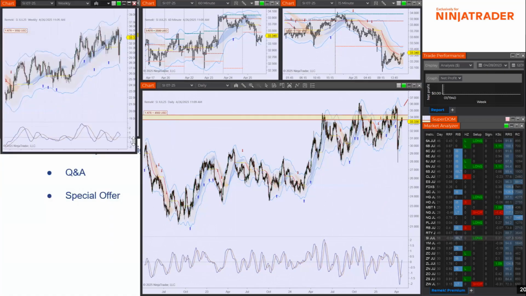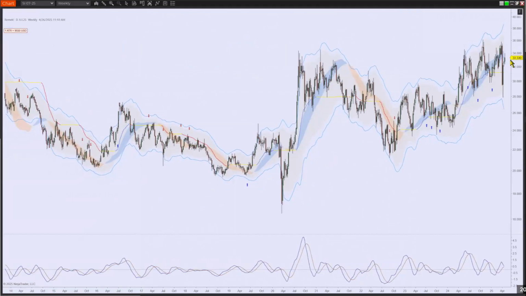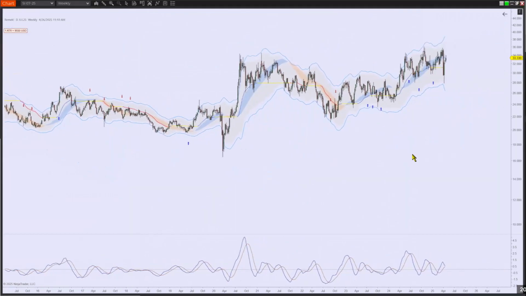If you look at the weekly chart, 35 is an important resistance. Silver has been testing this level several times, roughly this area here, and 1, 2, 3, 4, 5 times. And the more times we revisit this level, the more likely it will break.